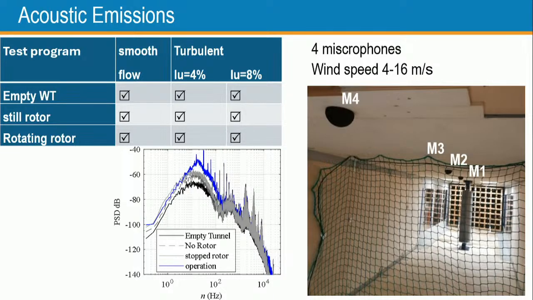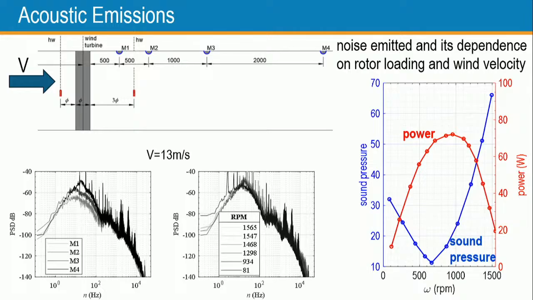Finally, we investigated the noise emissions by the use of microphones in all the conditions already examined before, but also considering some reference situations of the empty wind tunnel and the still rotor, so as to have a reference to compare the acoustic emissions investigated.